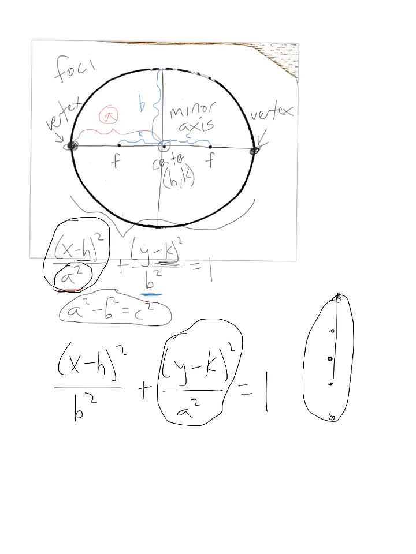So your major axis would now be vertical, your minor axis would be horizontal. Okay? So the direction of your ellipse all depends on which letter the bigger number is under. So if it's under x, it's horizontal. If it's under y, it's vertical. So that's all the terminology and notation.